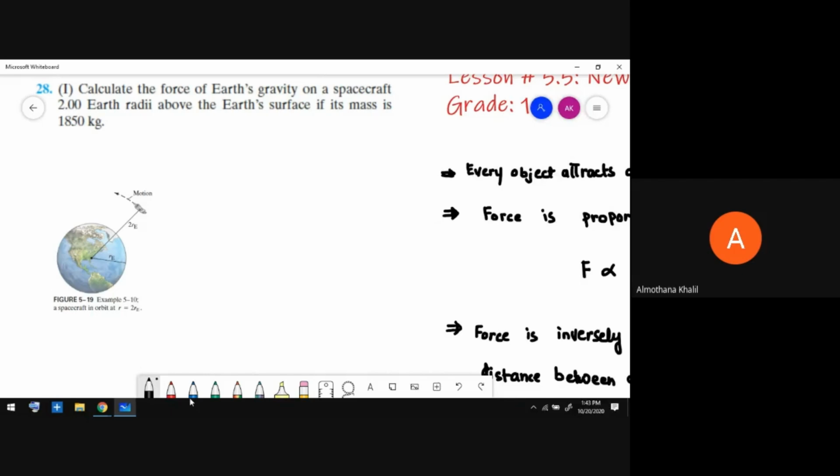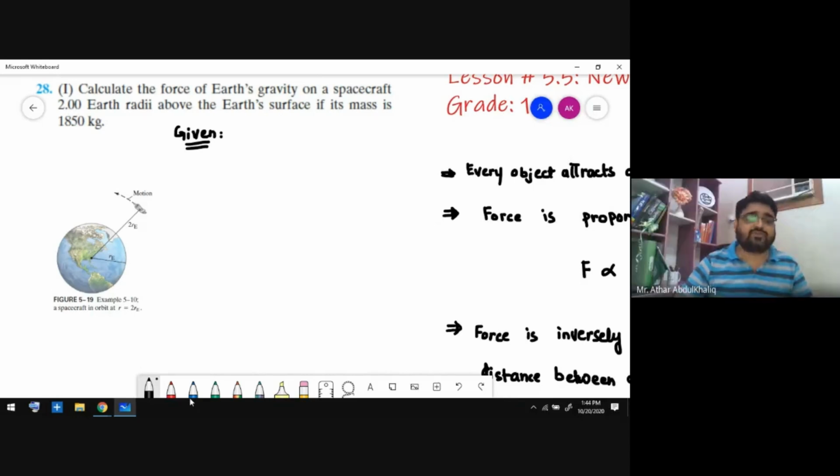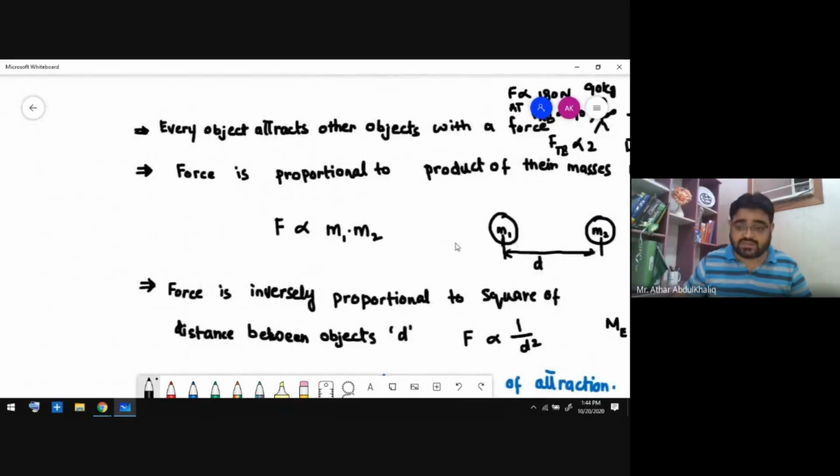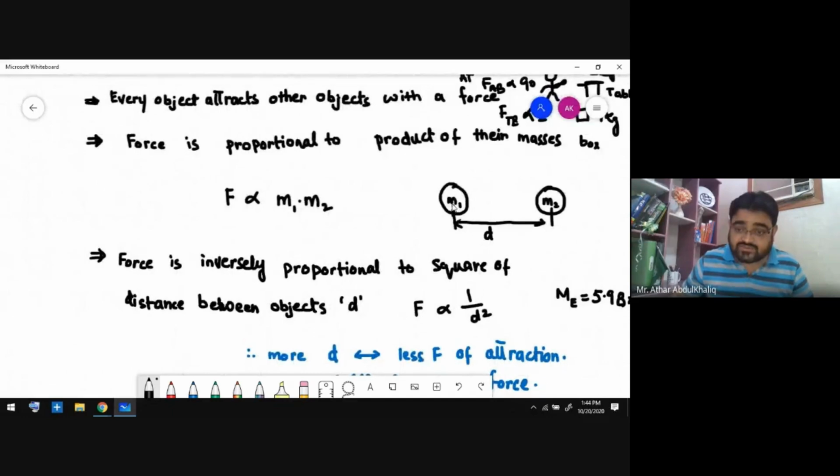Yes, it's two times the radius of Earth. If you guys remember, I told you whenever we are going to find force of gravity between two objects, we have to take the distance from the center of the first object to the center of the second object.